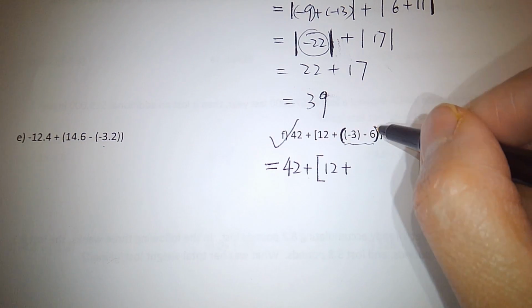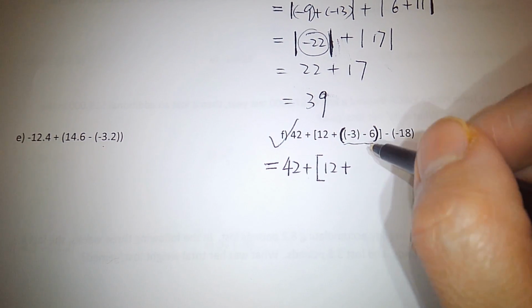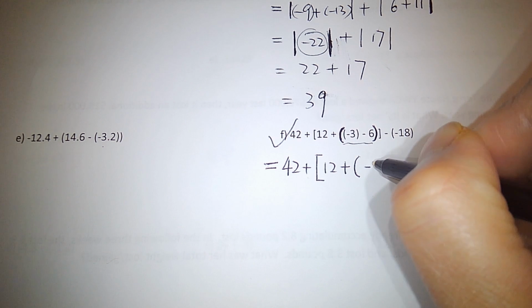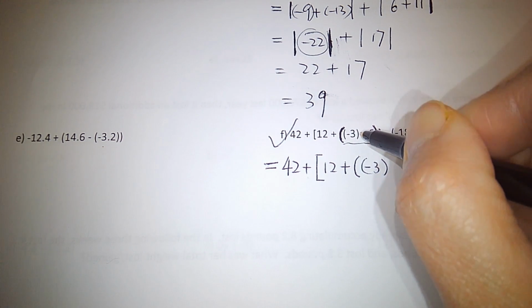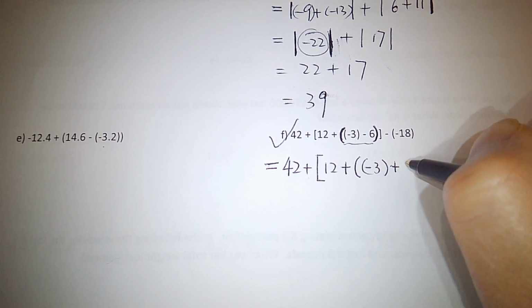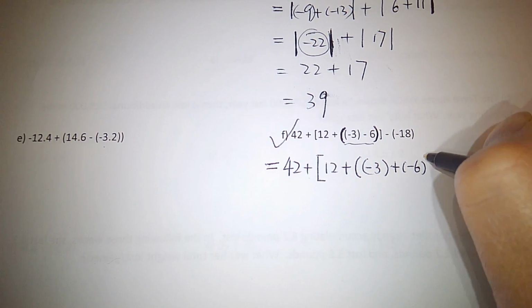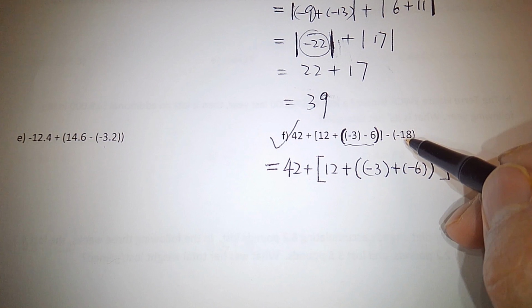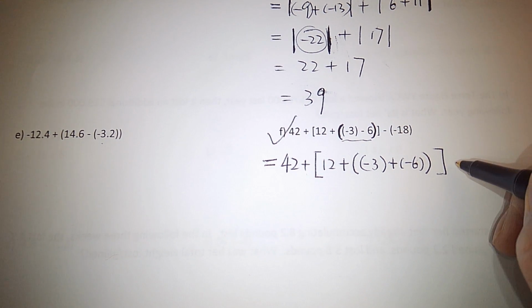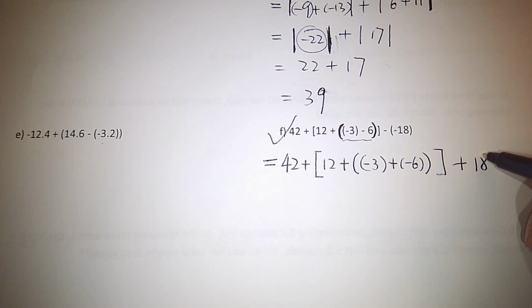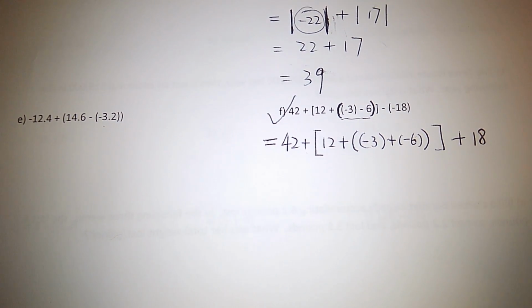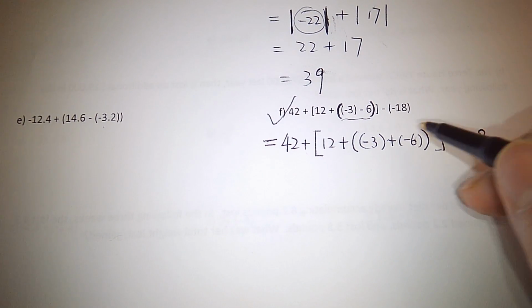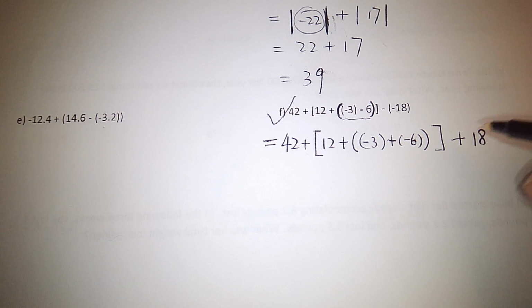Inside the parentheses, we have negative 3 minus 6, which becomes plus negative 6. Then the minus negative 18 becomes plus positive 18, right? Or you can keep negative of negative 18 and simplify in the next step.